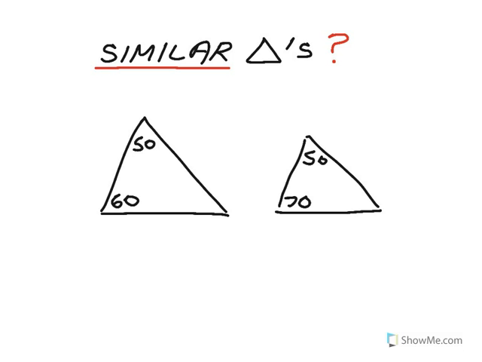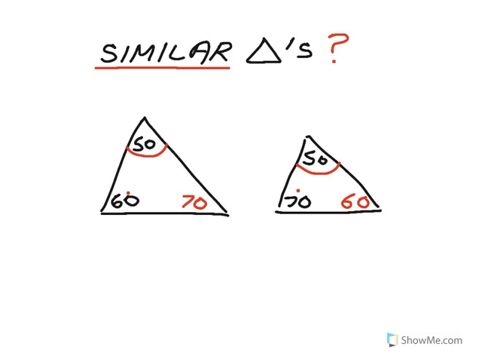Okay, in this next example, I have two triangles, and I'm asked to find if they're congruent. So, I mean, if they're similar. Sorry. So I've got two 50-degree angles, and these two down here aren't the same, but if I look at what the missing angle measures would be, this one would be 70, and this one would be 60.